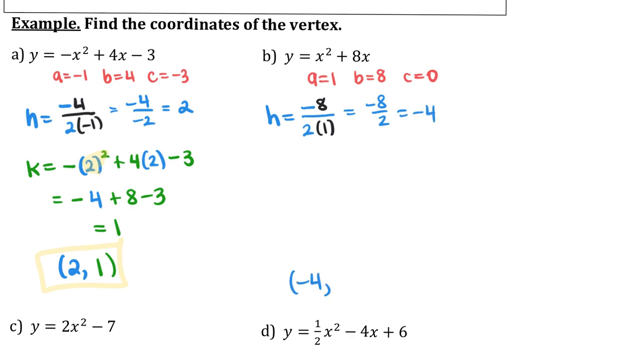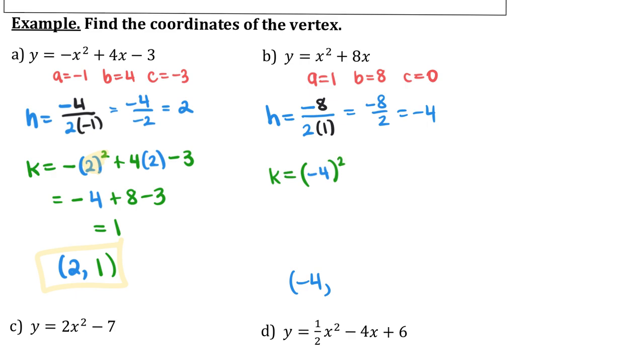To get the y coordinate, we take our x coordinate of the vertex and plug it in the original equation. Again, some of you like to write y equals. I don't mind that. I'm going to write k equals. I'm plugging -4 in. So x squared. Since the x value is -4, the -4 is in the parentheses.